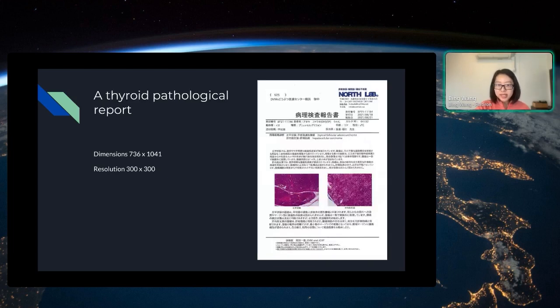The second one is a thyroid pathological report of a dog, but it has language very similar to what you would see in a pathological report for a human. Compared to the first one, this document is relatively more complicated, with more text on it. It also has a header section and the main body telling you the pathological analysis of this dog.